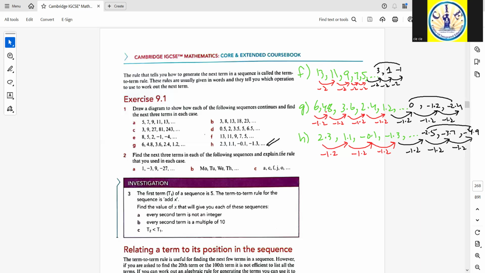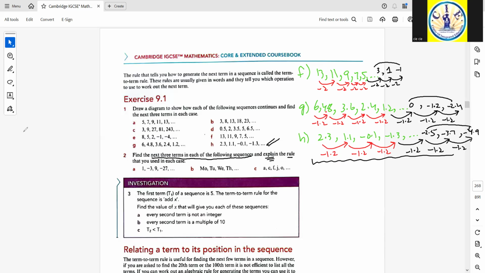Okay, now it is given in question number 2. Find the next three terms in each of the following sequences and explain the rule that you used in each case.